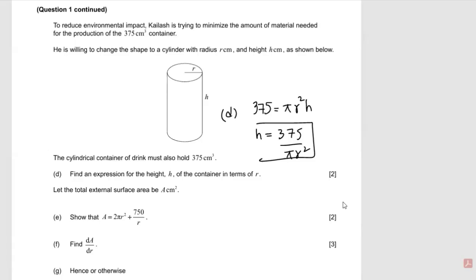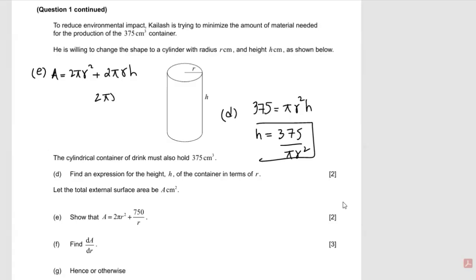Let the total external surface area be A. Show that A is this. Okay, let me just solve it over here. Total external surface area. So there are 2 flat surfaces which are circles. That's why there's a 2 pi r squared. And you should know this as well, given in the formula booklet. The curved surface area of a cylinder is 2 pi r h. Since the expression given is free of h, you can sub in your part D answer.